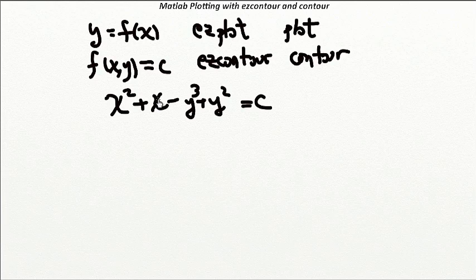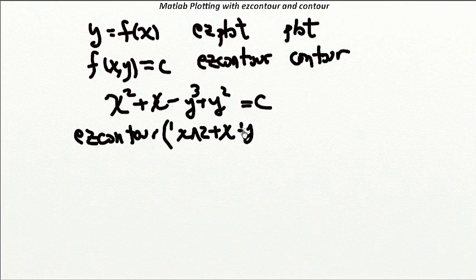So here's the first way to do it. This is symbolically with string input. If you just type ezcontour and put the implicit function in quotes, of course. So x squared plus x minus y cubed plus y squared, quotes.